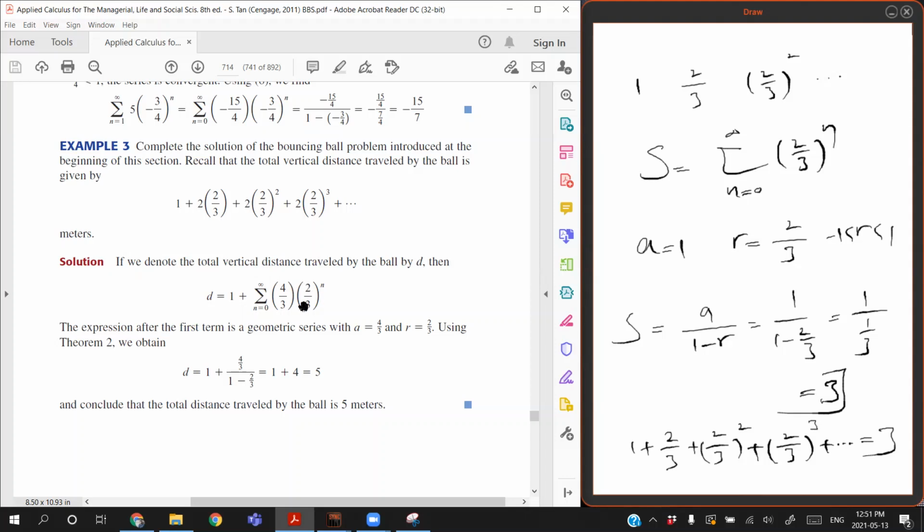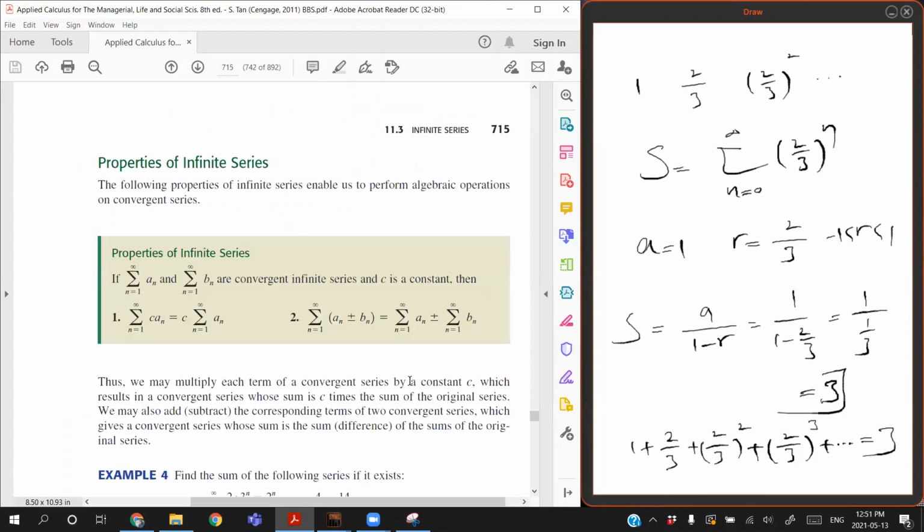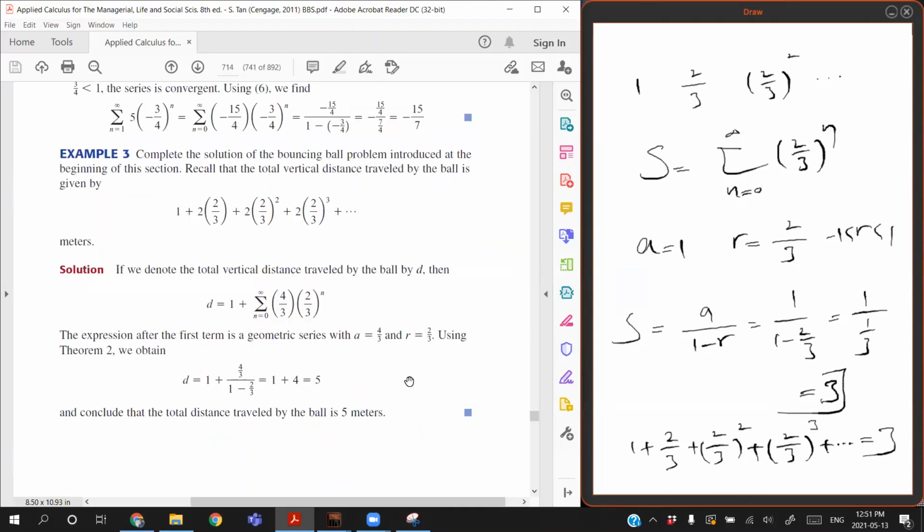Here you have a different problem because your initial value is not 1, it's 4/3, and this will give you 5. But if you have this sequence here, and your series is based on this sequence, you're going to get 3.